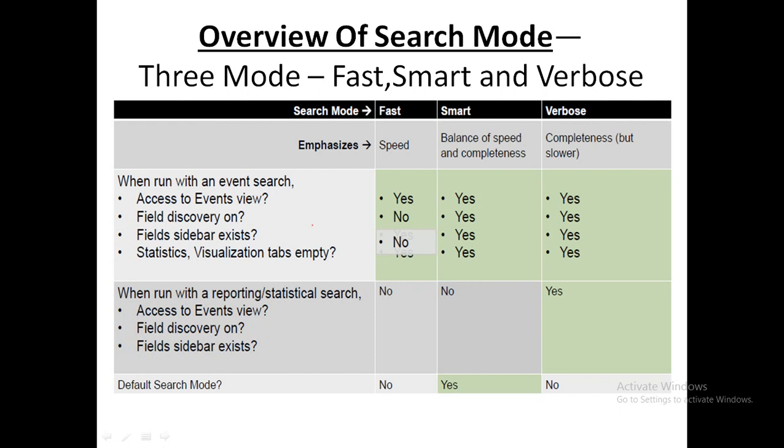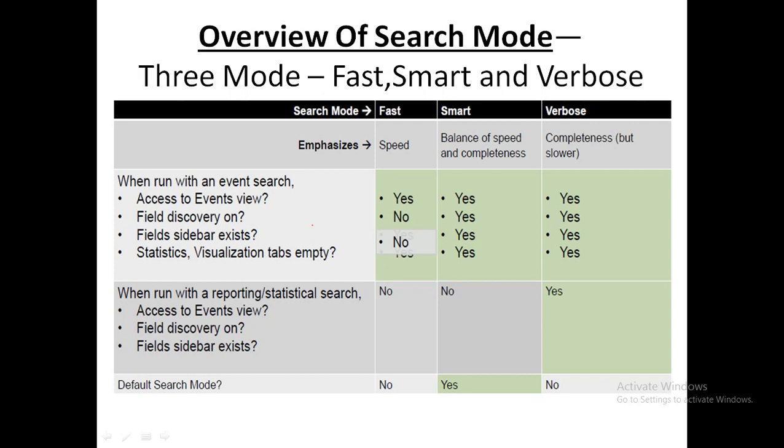When run with the event search, access to event view, yes. Field discovery on, no, yes, yes. Field sidebar exists. I will show you the field sidebar also. Statistics and visualization tab empty.